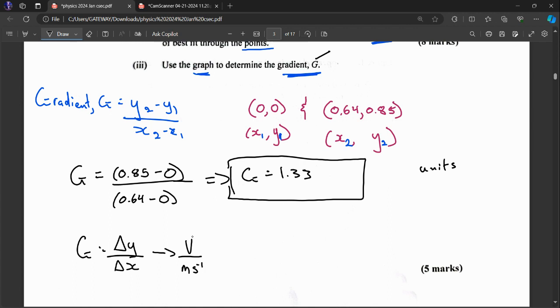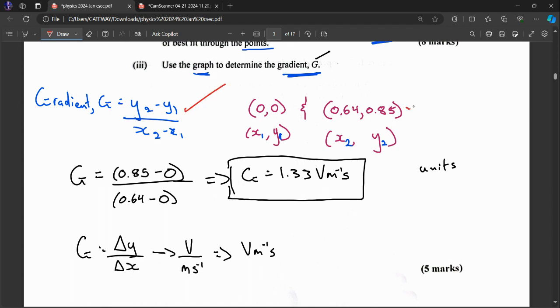On our x-axis, we had meters per second. We just plug in the units. So our final unit for the gradient will be volts per meter per second. When you bring the per second on top, it will just be second. So volts per meter second. And that is your answer there.